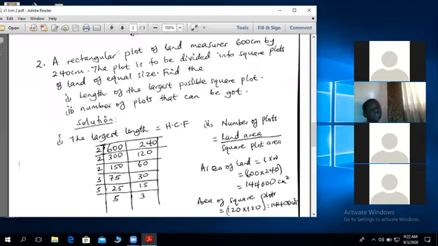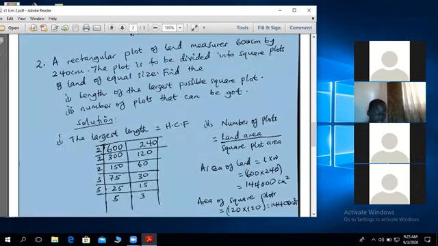A rectangular plot of land measures 600 centimeters by 240 centimeters.